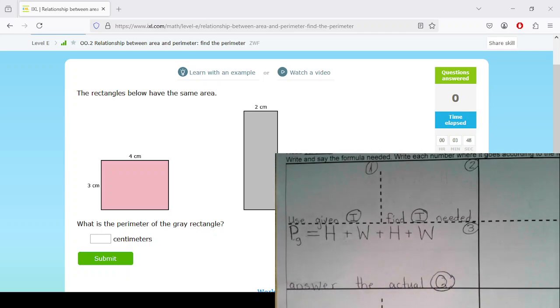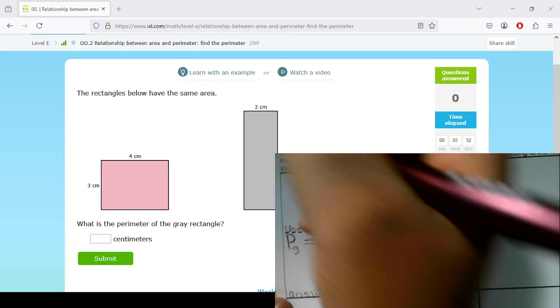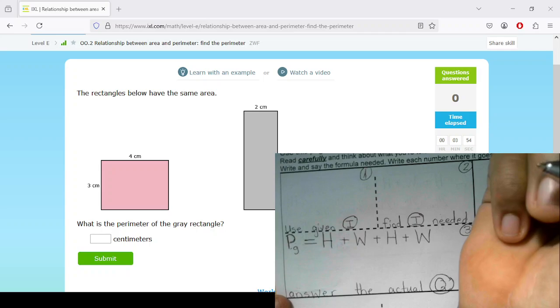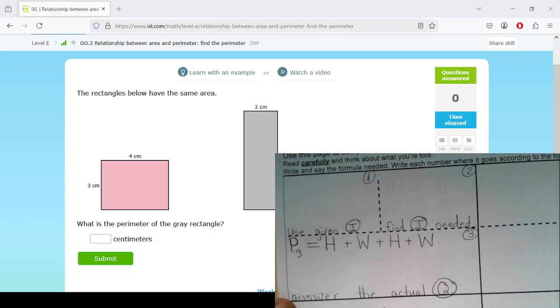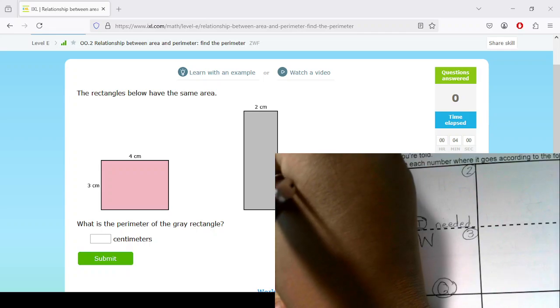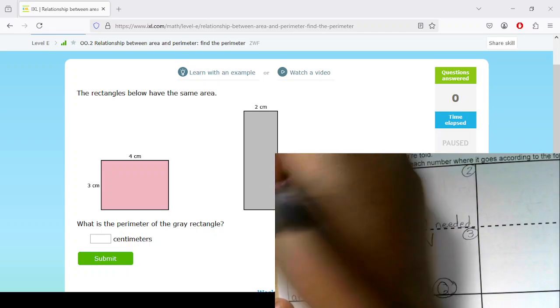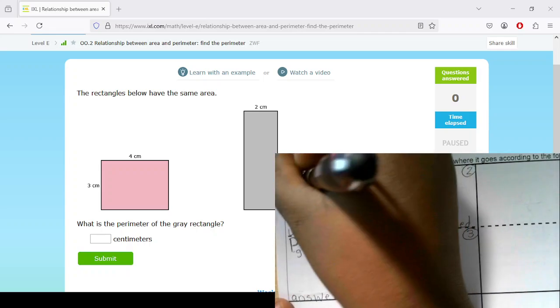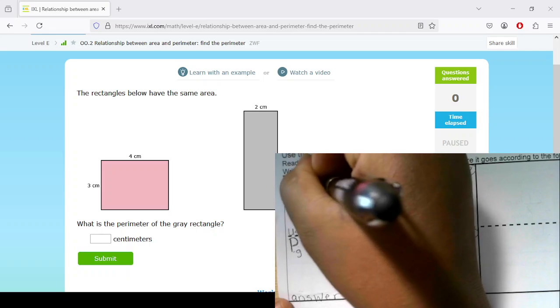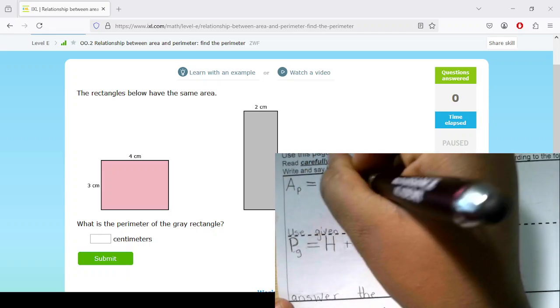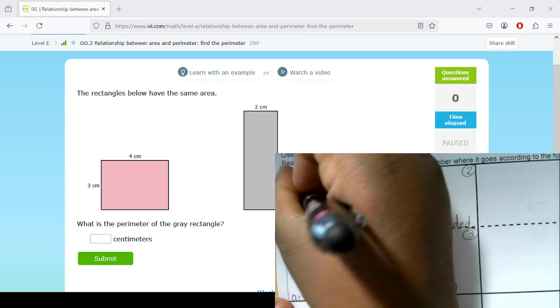And in order to answer this question, I'm going to need that height. So let's look at the information I'm given. I'm told that the rectangles below have the same area. So they're giving some information about the area, and then they give me enough information about the pink rectangle. So area of the pink rectangle is going to be calculated by multiplying the height dimension by the width dimension.